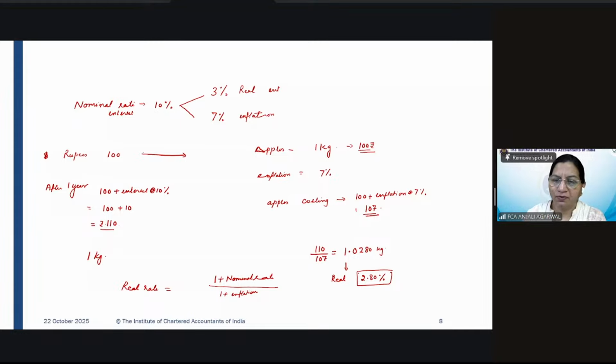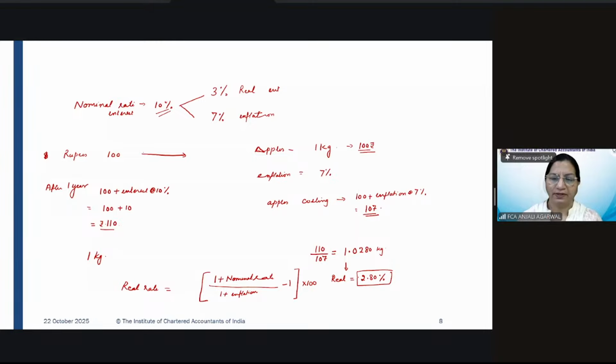And to get it into percentage, minus 1. So it's 0.0280 and multiplied by 100. So this is your real rate of interest. What appears to a layman as 10% is not actually 10, it is 3% real and 7% inflation. It's close to 3, but will always be a little less than 3. So the real rate of interest here is 2.8%, right?